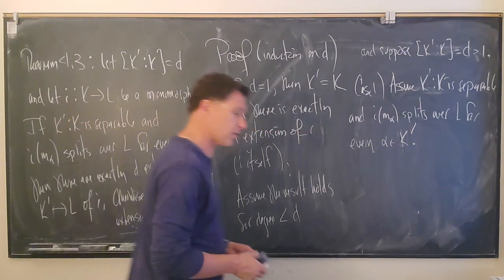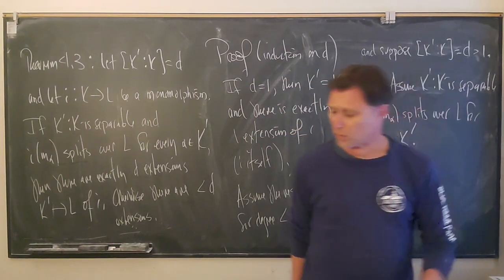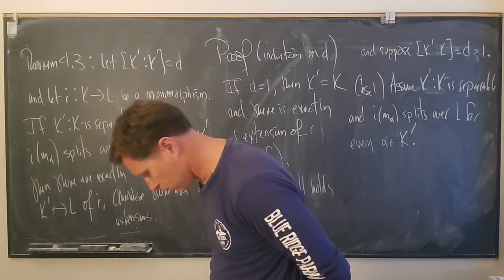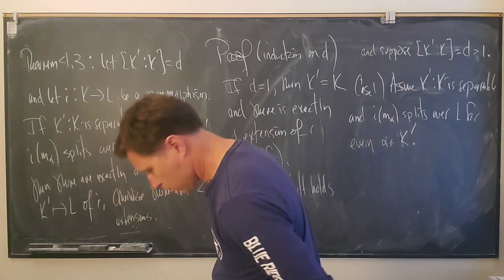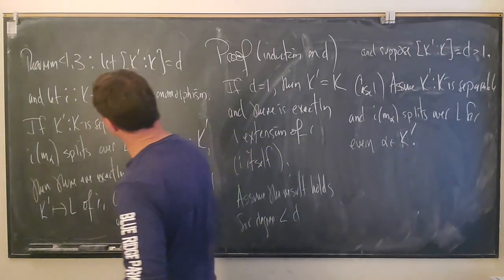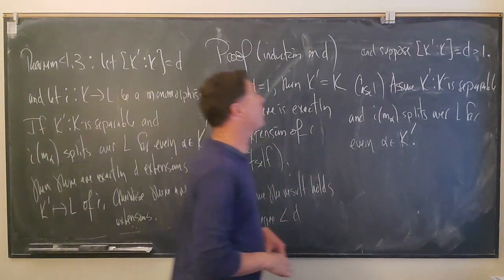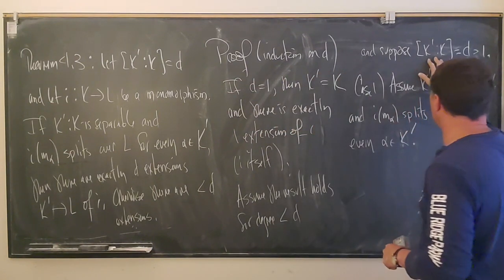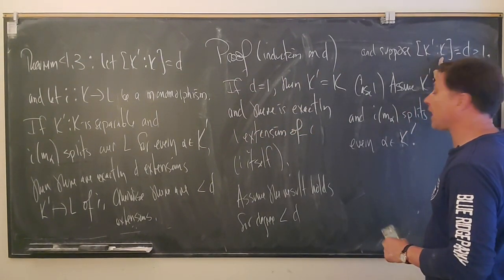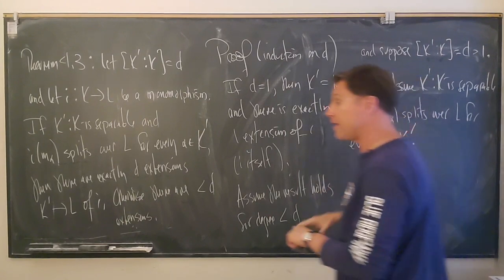I'm down to my last piece of chalk. Okay, so now I'm just going to pick. Now we know here that the degree is strictly greater than 1, which means that k prime is not equal to k, so I'm going to pick somebody in k prime, not in k.